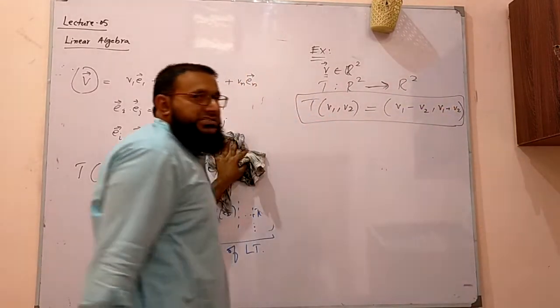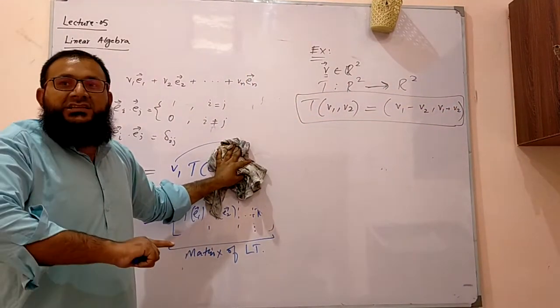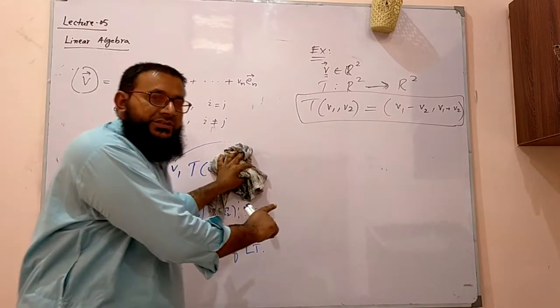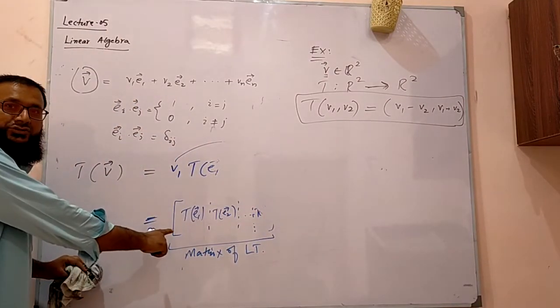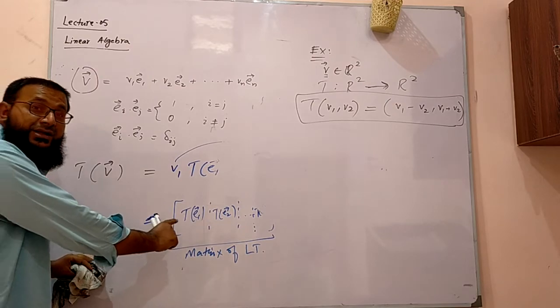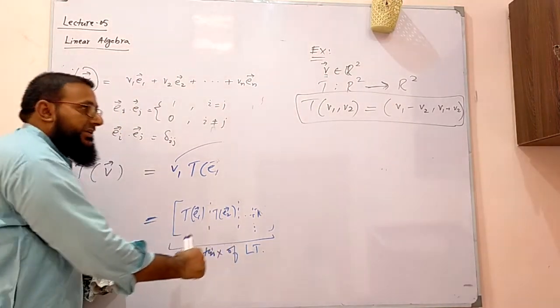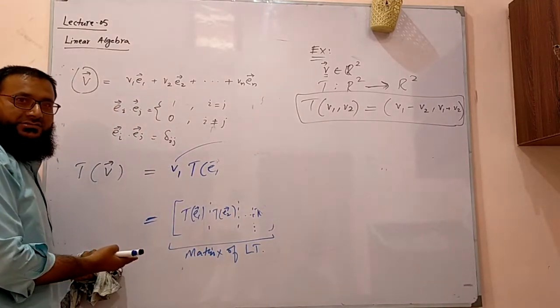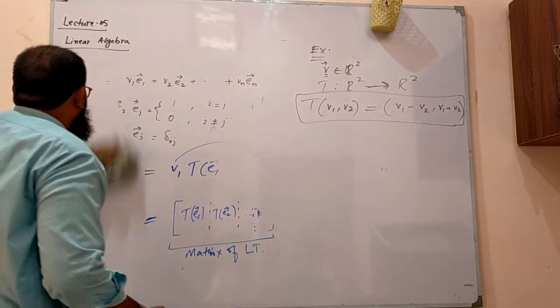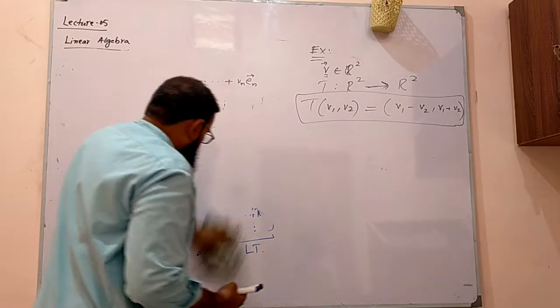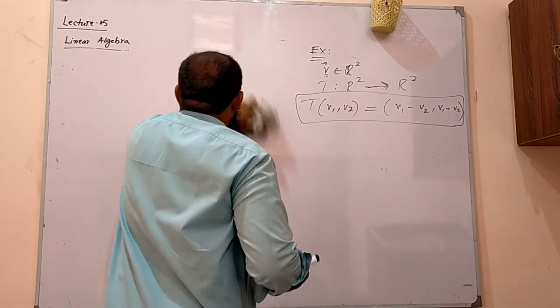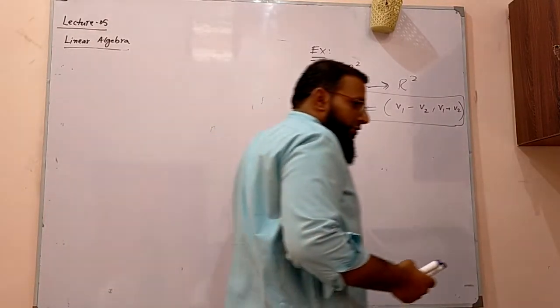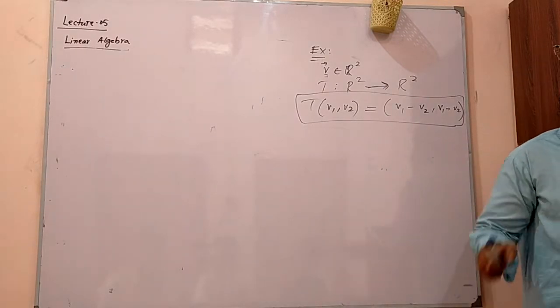I give you a linear transformation. It must be a linear transformation. If it is not a linear transformation, you cannot convert it into a matrix. Because we know very well matrices are linear transformations. If you have a transformation which is not linear, how can you convert it to a matrix? It's not possible. Okay, so let us do it.